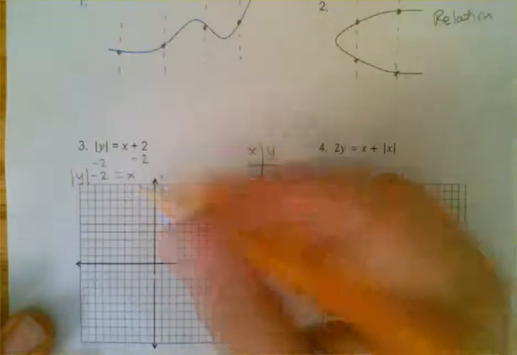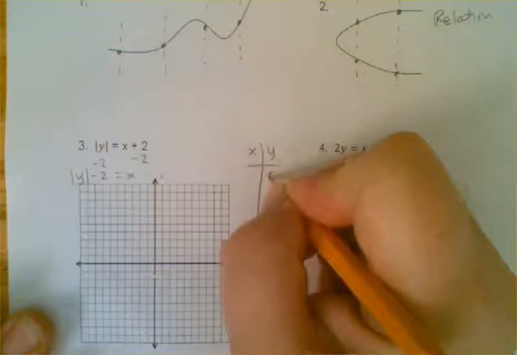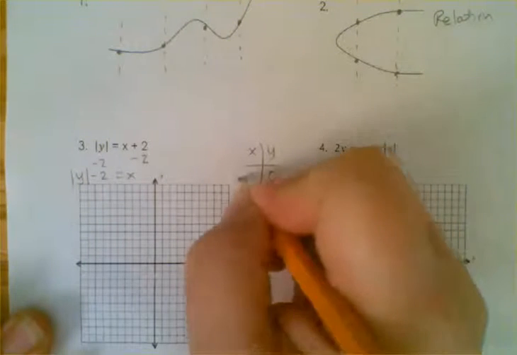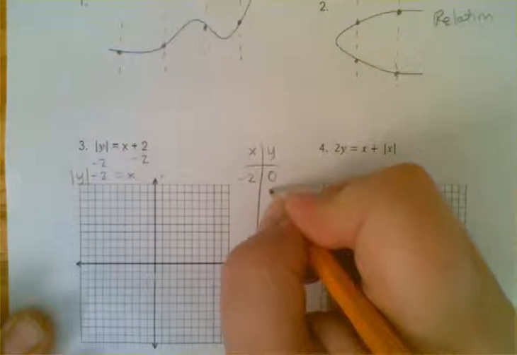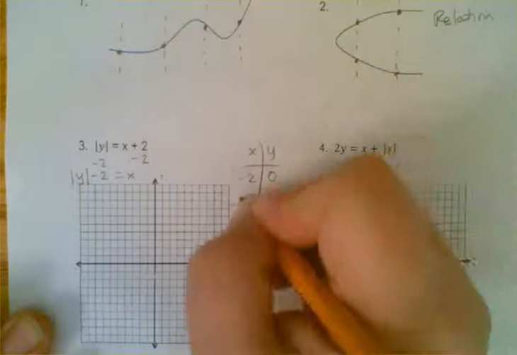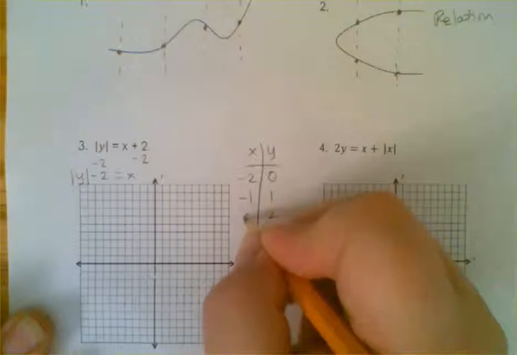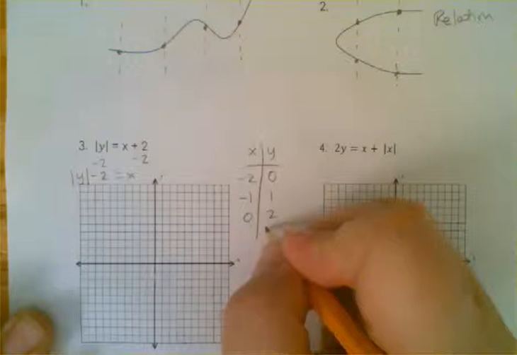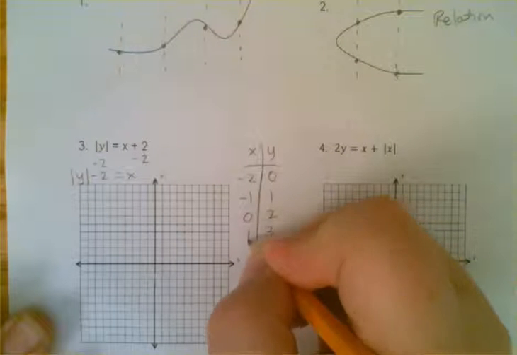So x, or let's try y. If I put in a 0, I get out a negative 2 for x. If I put in a 1, I get out a negative 1. Put in a 2, I get out a 0. If I put in a 3, I get out a 1.